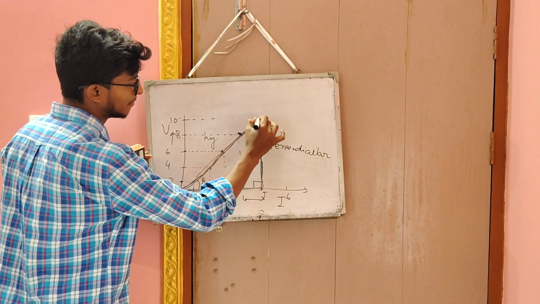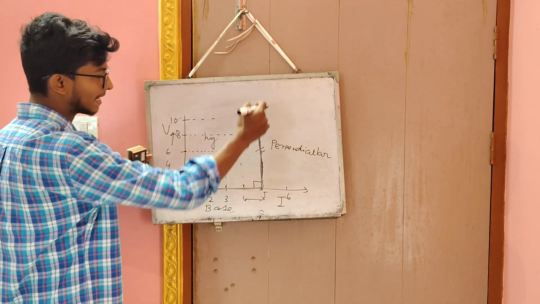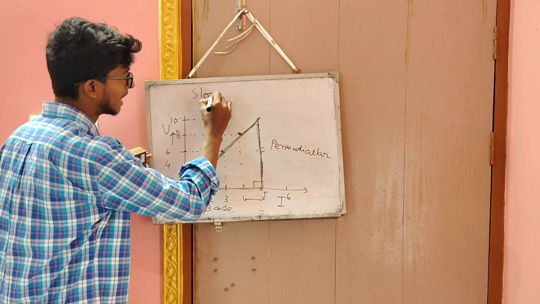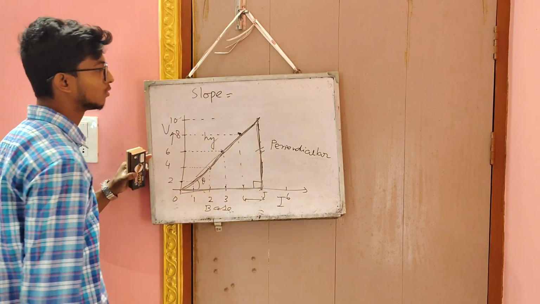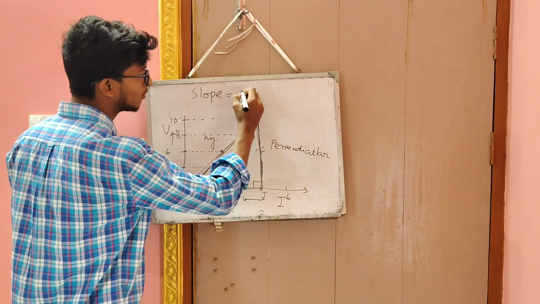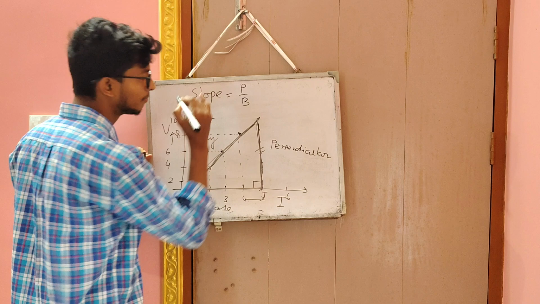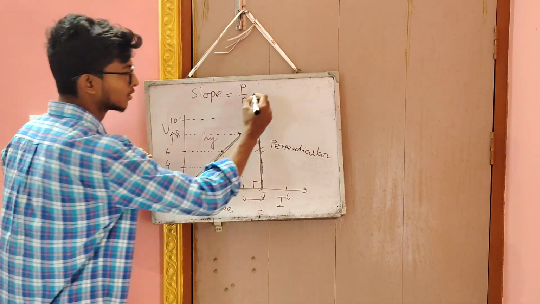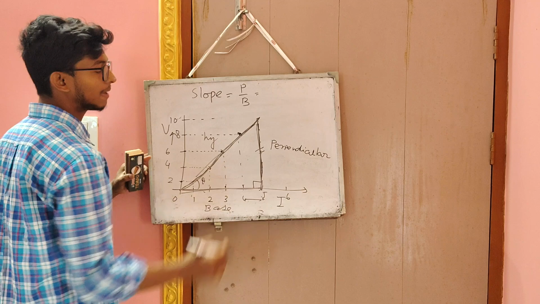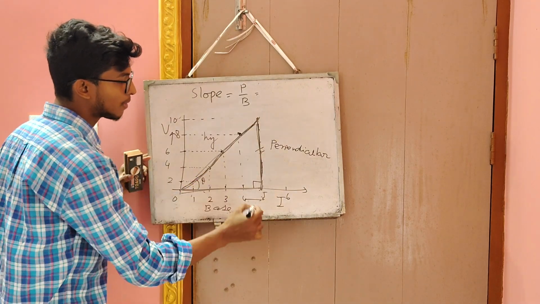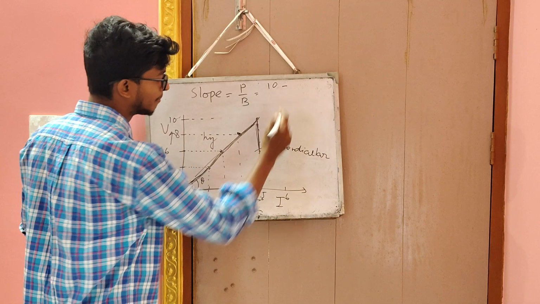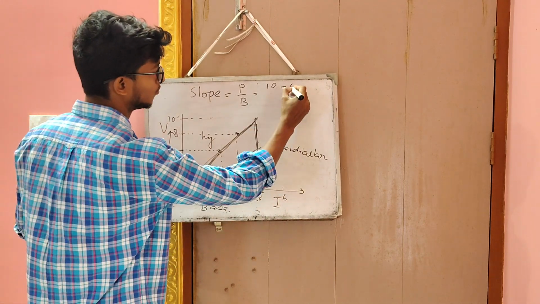It is the maximum point along the y-axis. So slope from this graph, slope is equal to perpendicular by base. P means perpendicular, B means base. So what is the perpendicular value? This is the maximum point and this is the minimum point. Maximum point value 10, minimum point value 0.